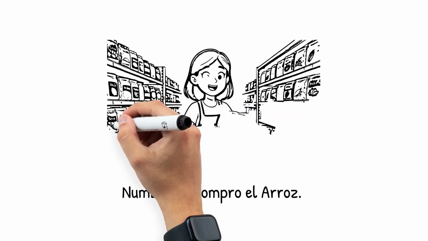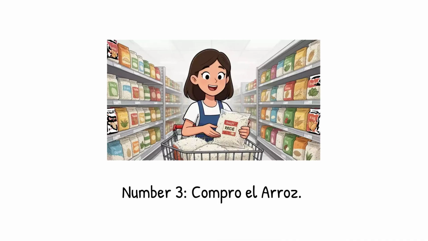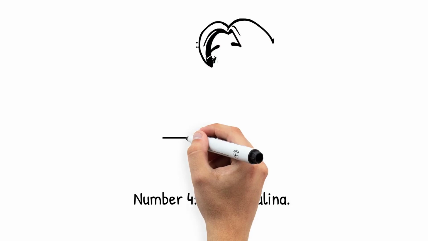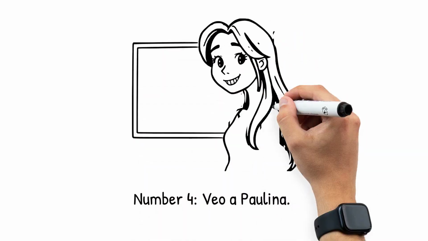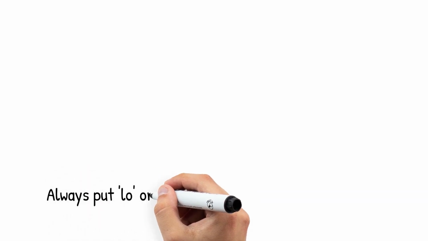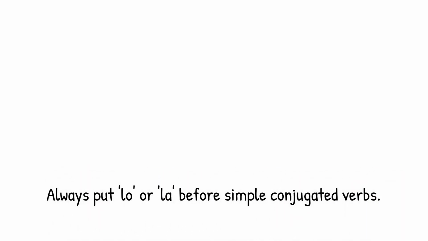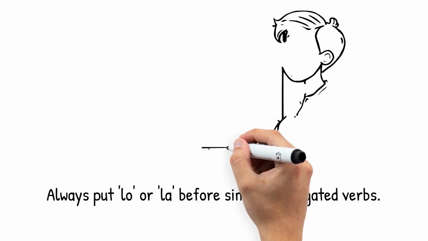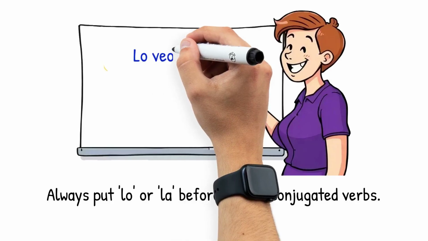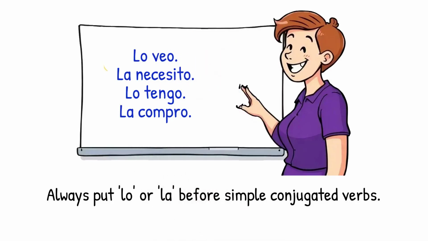What do I buy? El arroz. Answer, lo compro. Number 4. Veo a Paulina. Who do I see? Paulina. Answer, la veo. So remember, do not place lo or la after the verb when you're using one simple conjugated verb. Put it before the verb.